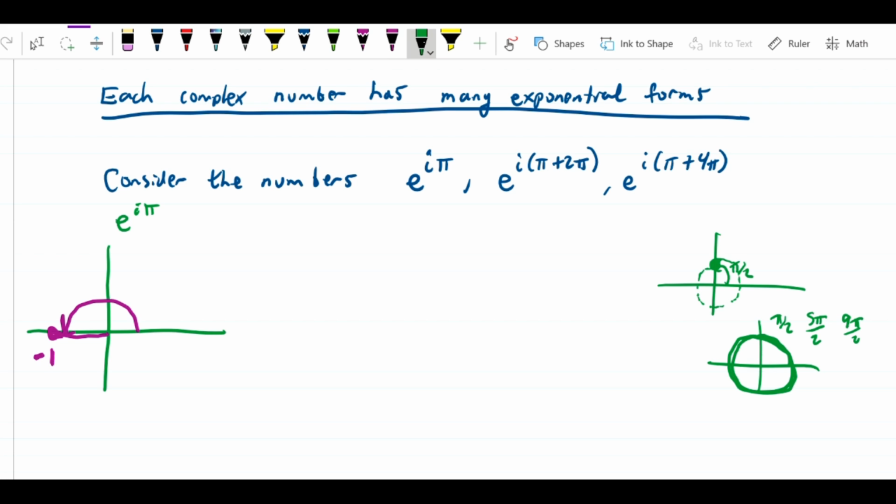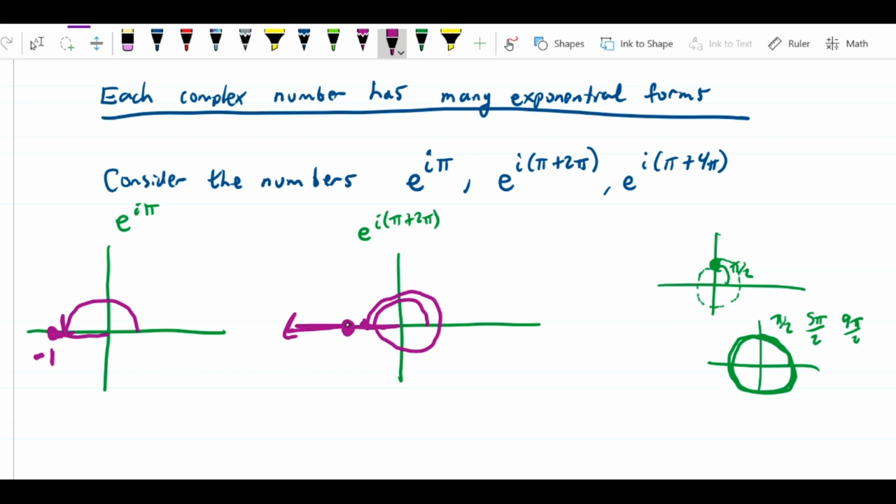On the other hand, if I do e to the i(pi plus 2 pi), I know I could have written 3 pi, but I'm just doing it this way. So I go pi, and then I go another 2 pi around the unit circle, which gives me the same direction. I look where I landed, on the ray that goes that way. I walk 1 unit in that direction, and I still get to the same point, -1.